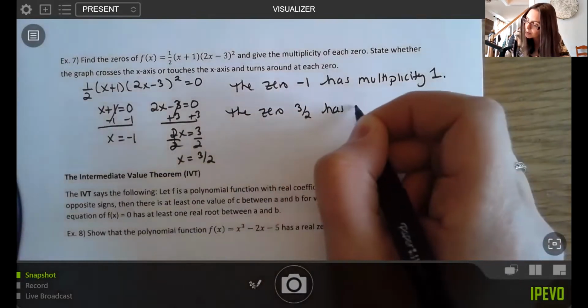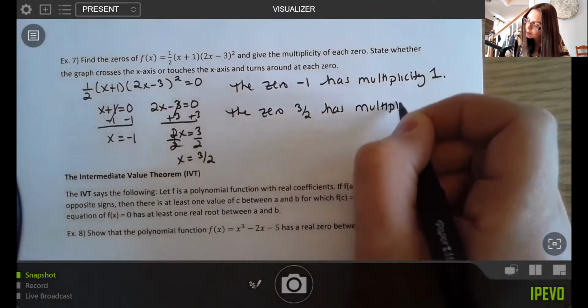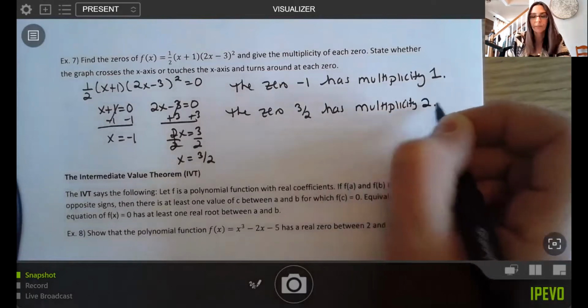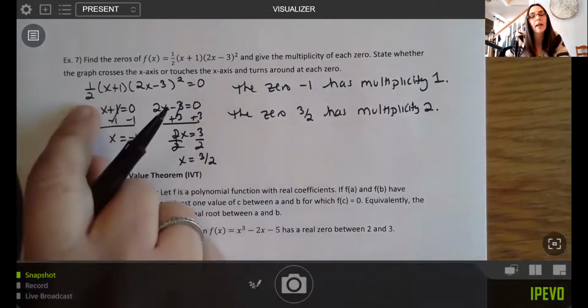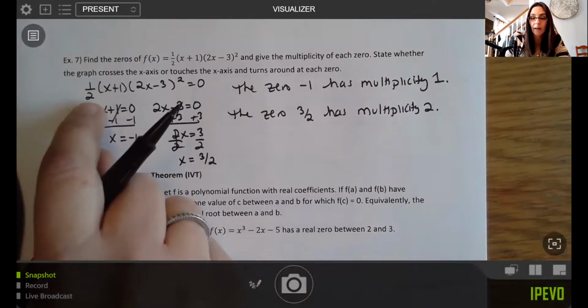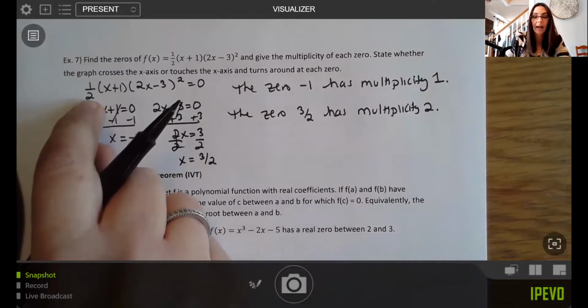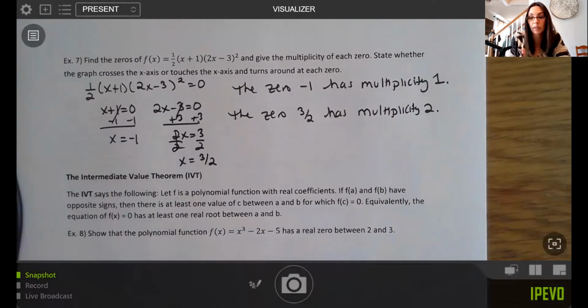So it has multiplicity 2. Okay. Now, I don't care about the 1/2. If there was a variable there, if there was an x, that's different. Then I would have another solution. I'd have a solution of x equals 0. So I'd have to deal with the multiplicity there as well. But only if you have variables. I don't care about just numbers.